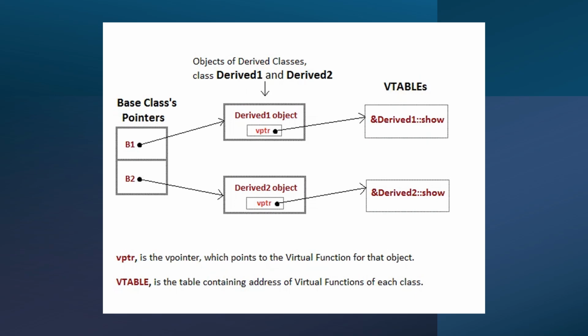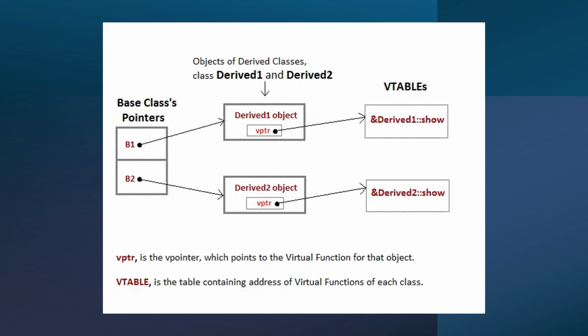This is an object of the derived class. Suppose there are class Derived 1 and class Derived 2. So first the base classes will be there, that is base class B1 and base class B2. From base class B1 we derive Derived 1, and from base class B2 we derive Derived 2.